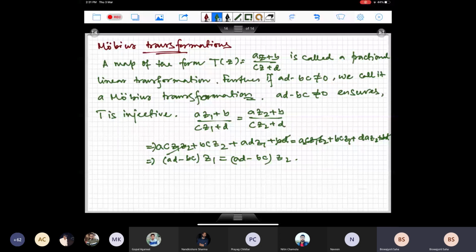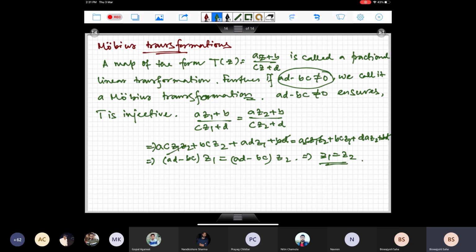Clearly if ad minus bc is not equal to 0, that implies z1 equals z2. Is it clear?